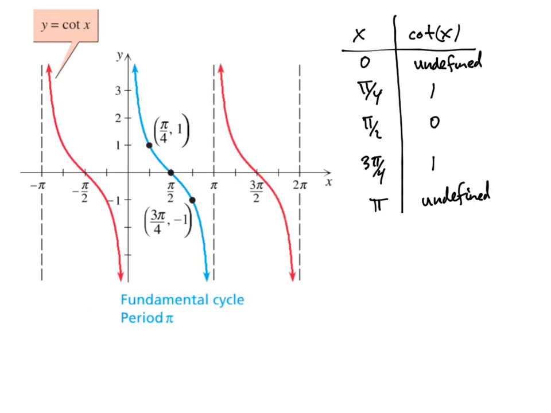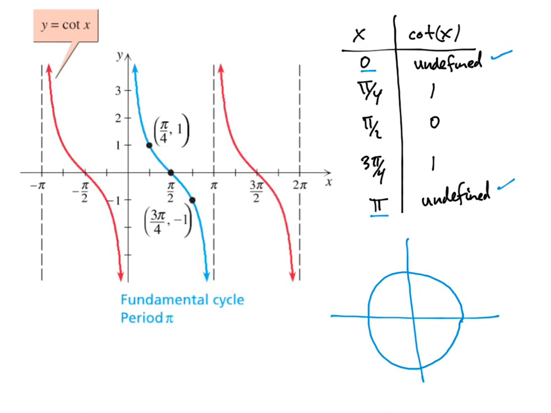Next, let's look at the cotangent function. And again, I've listed some values that come from the unit circle. And we have a couple places where cotangent is undefined. It's undefined when x is 0 and when x is pi. So again, if we think about the unit circle, at 0, an angle of 0, the coordinates there are 1, comma 0.